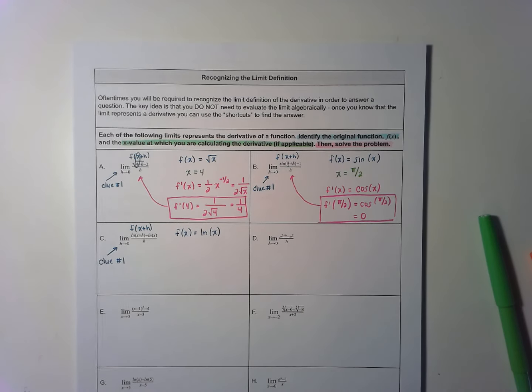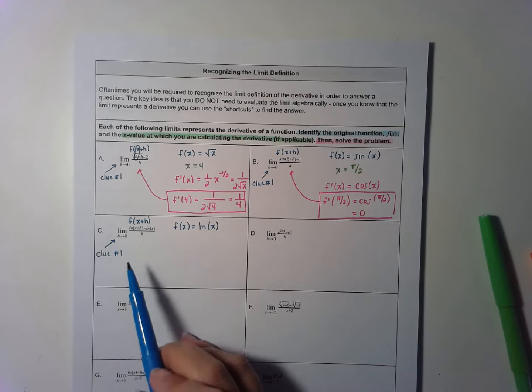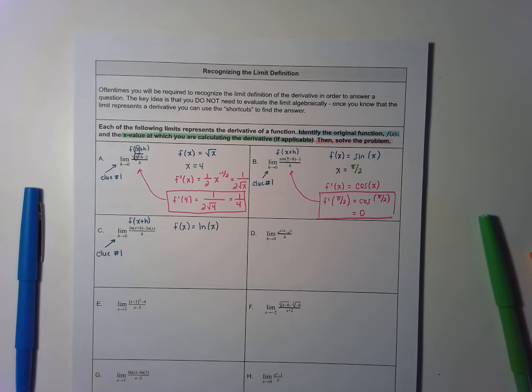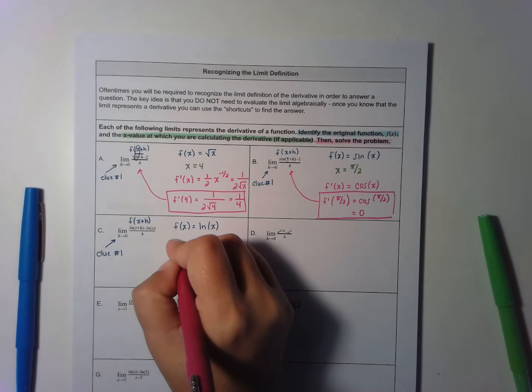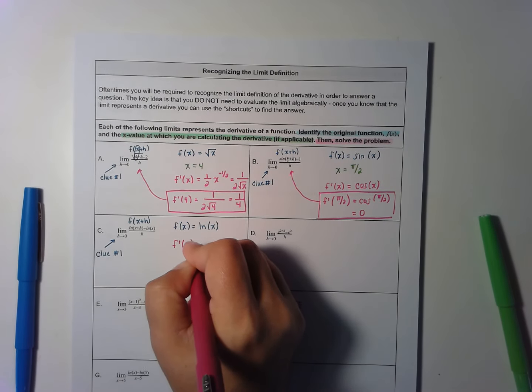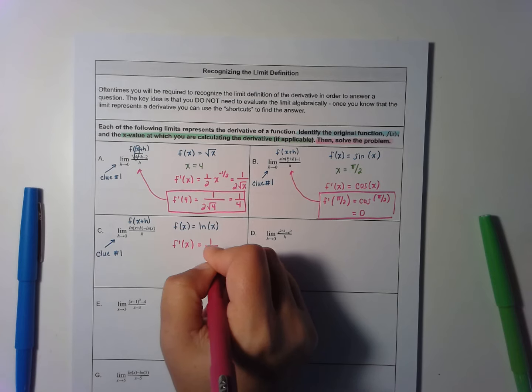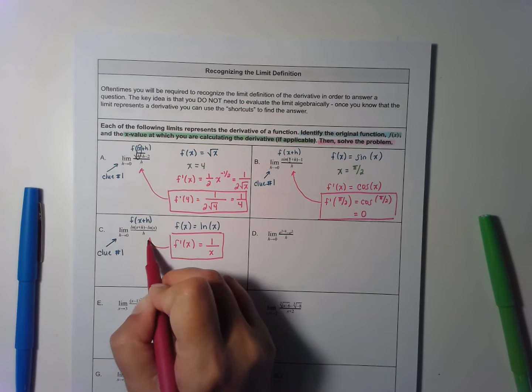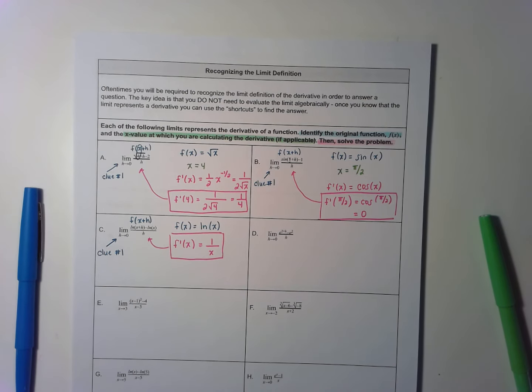And in this case, there's no specific number that was plugged in. The reason that there's no specific number is that this is still an x, it's not a number. So what this is meaning is just take the derivative without a number plugged in. So the derivative would be just 1 over x.